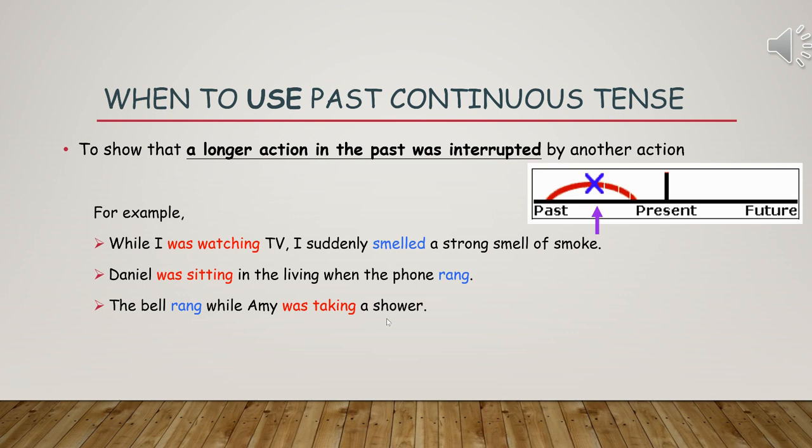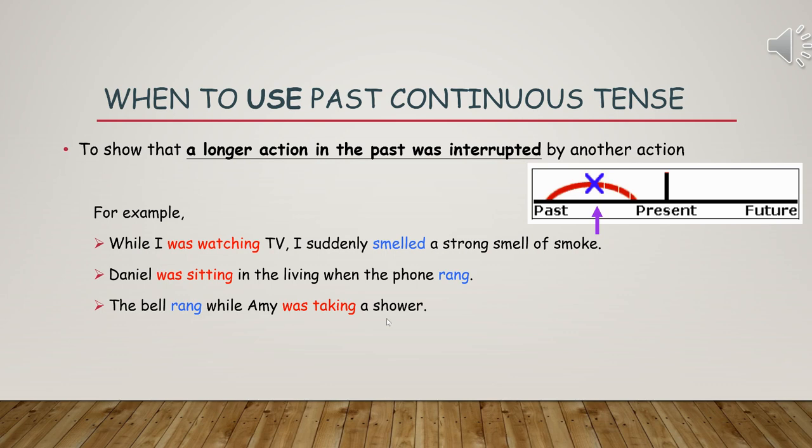It comes to the last but the trickiest part. Past continuous tense can be used to show a longer action in the past which was interrupted by another action. Let's try to imagine that you are watching this video and suddenly your sibling jumps on you.